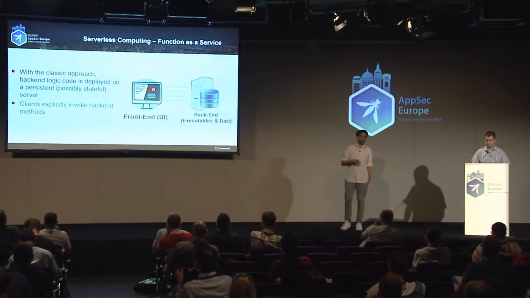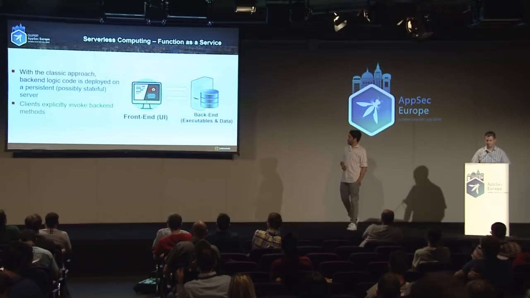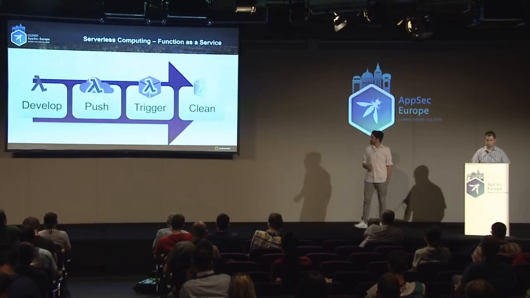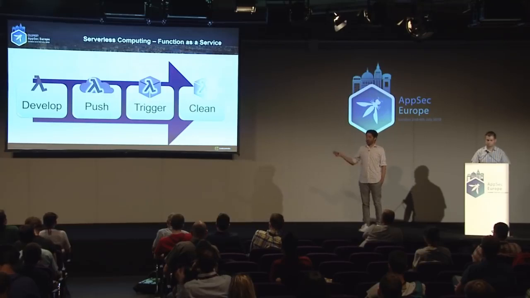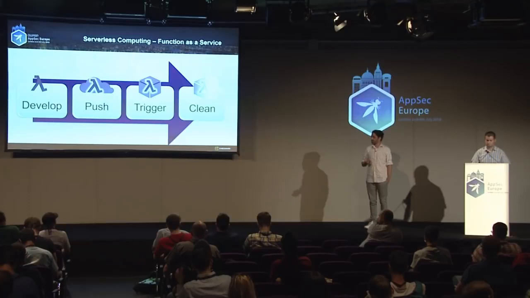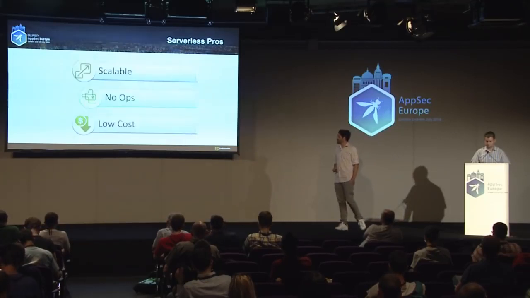So one of your functions could be running on thousands of servers at multiple times and disappearing, or running on a bunch of different servers and being replaced every time. That's the process. You develop, you push, you trigger, and you clean, so nothing is left over. That's the assumption, that nothing is left over after you finish deploying or triggering your functions.